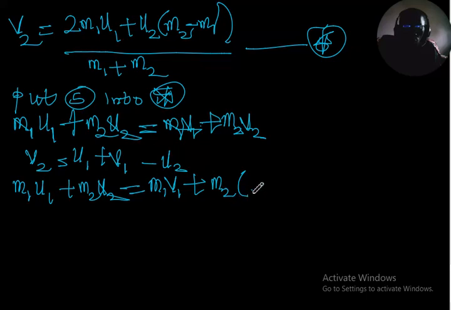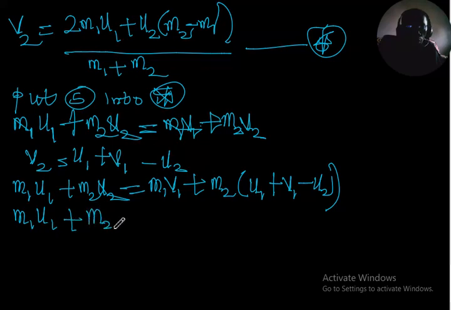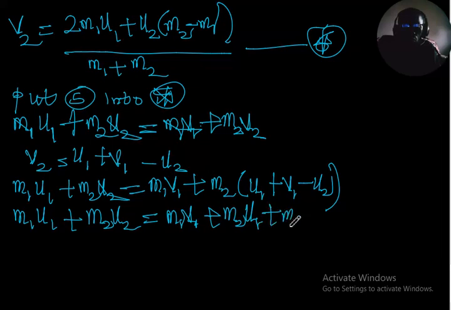This will now be U1 plus V1 minus U2. So open this bracket. You have M1 U1 plus M2 U2 equals to M1 V1 plus M2 U1 plus M2 V1 minus M2 U2.